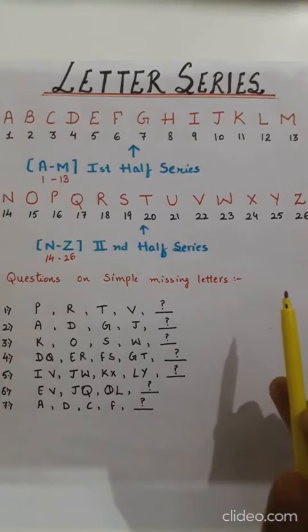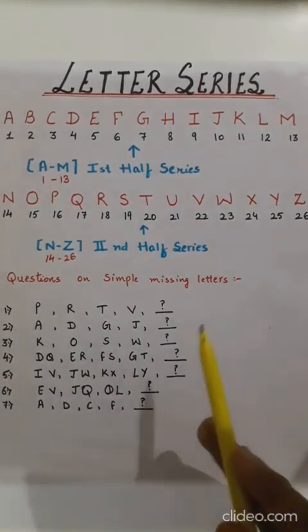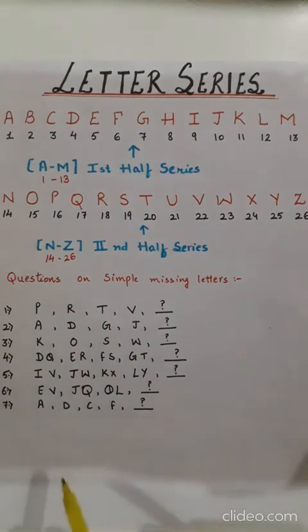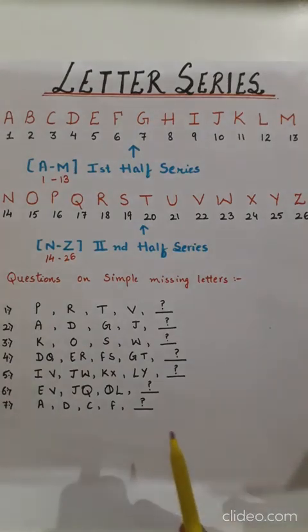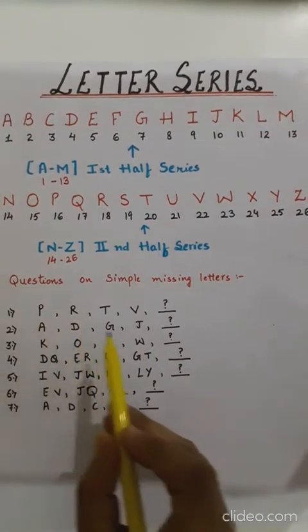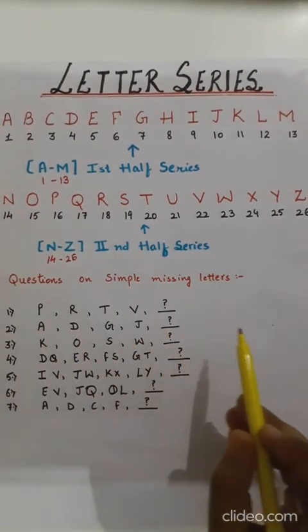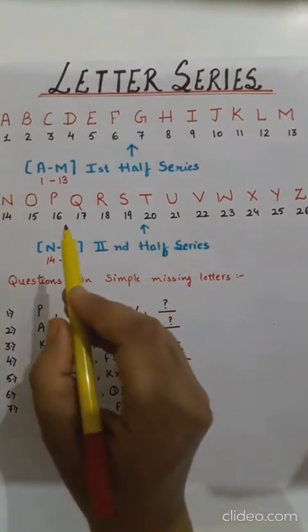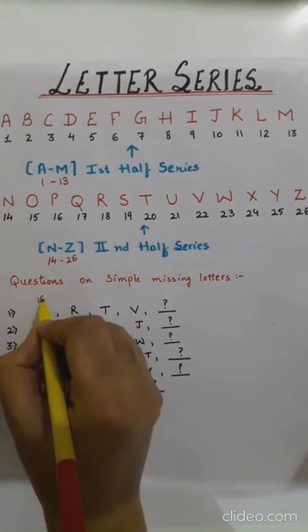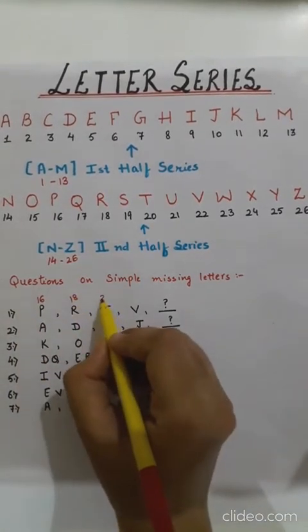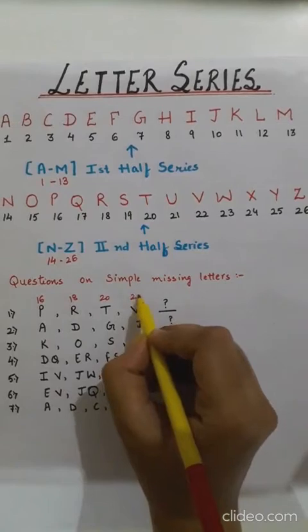And like this, we have to revise daily all the place values of these 26 alphabets. Now we will start the questions on simple missing terms. We are given P, R, T, V, and we have to find the next missing term. P comes on 16, R on 18, T on 20 and V on 22.